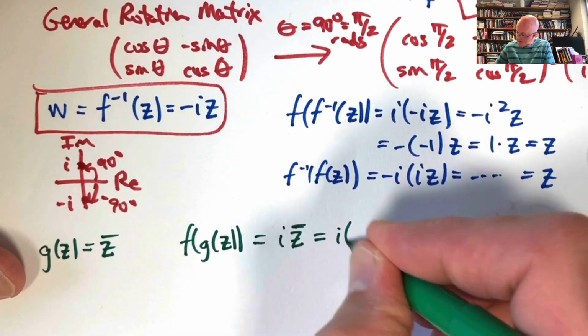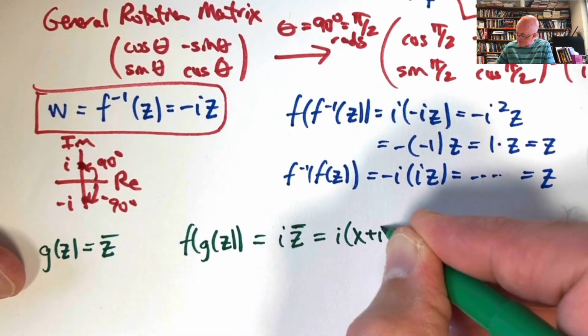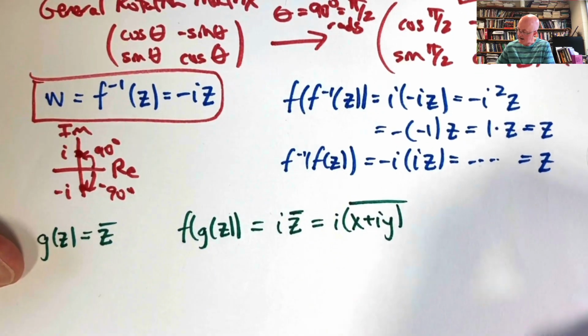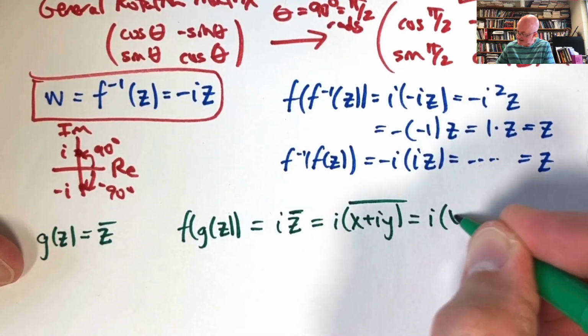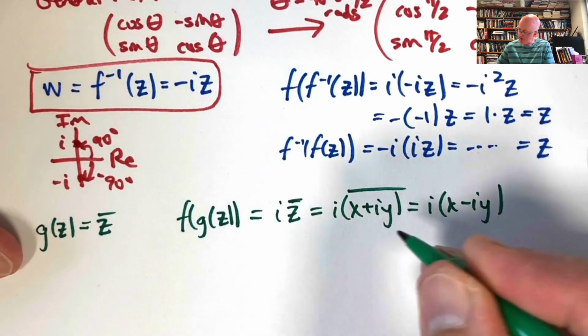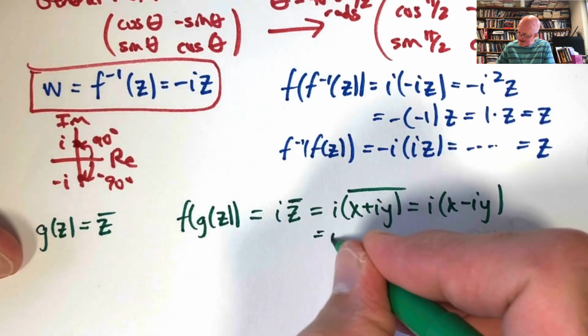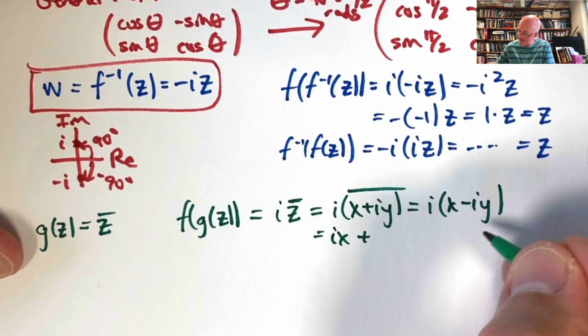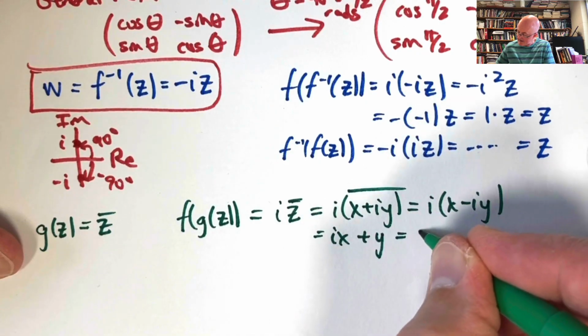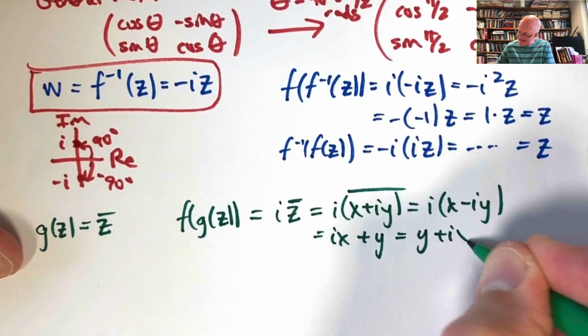If we want to think in terms of real and imaginary parts, we could do so. i times the conjugate of x plus iy, that's i times x minus iy. Multiply the i through, we'll get ix plus i times negative i is positive 1 times y. That would be y plus ix.